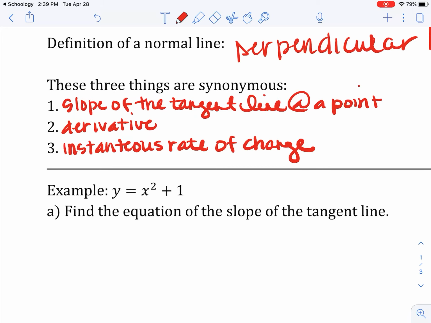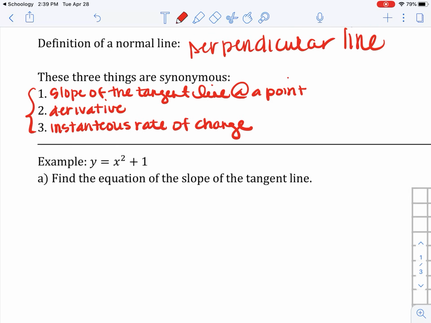And we're using the limit definition of the derivative to do this. So you use the limit definition to do all three of these, okay? And they all mean the same thing.